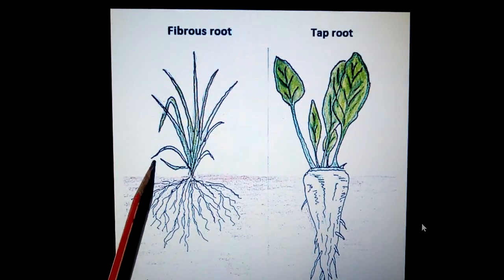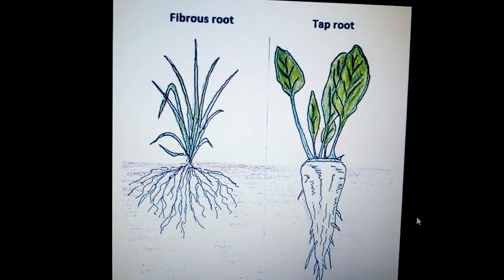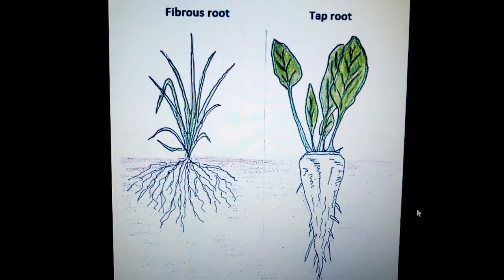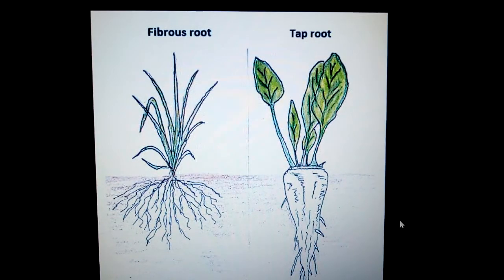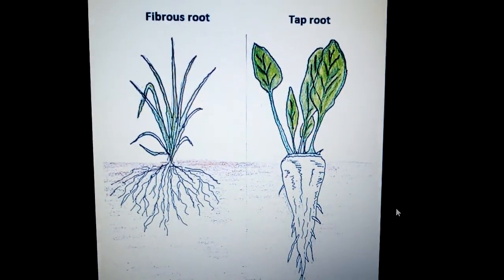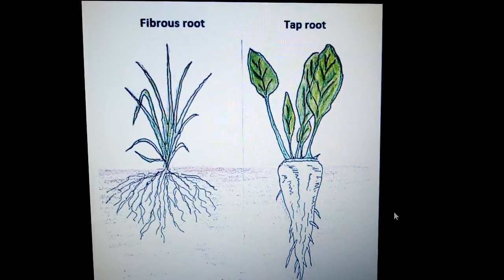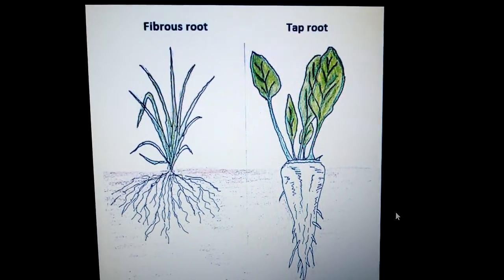Except for these two types of roots, two other types of roots are also available in our surroundings. Next one is known as aerial root, and another one is mangrove root. We discuss them in the next slide.